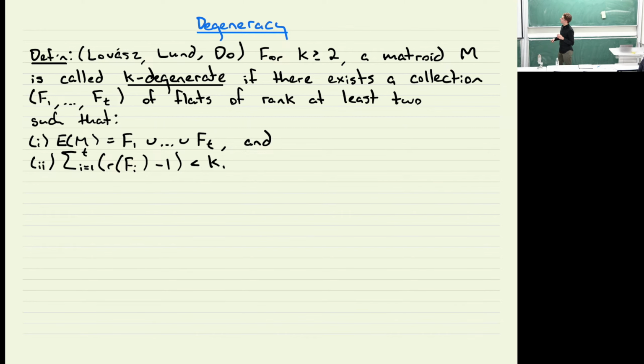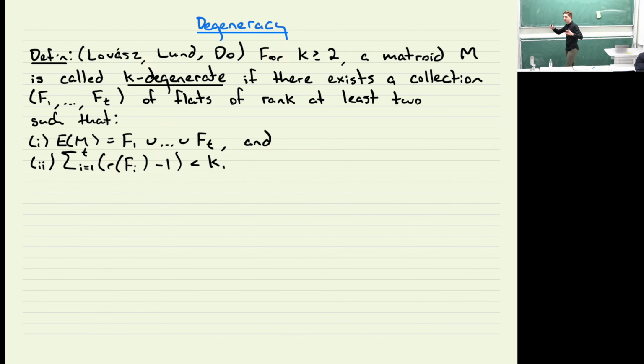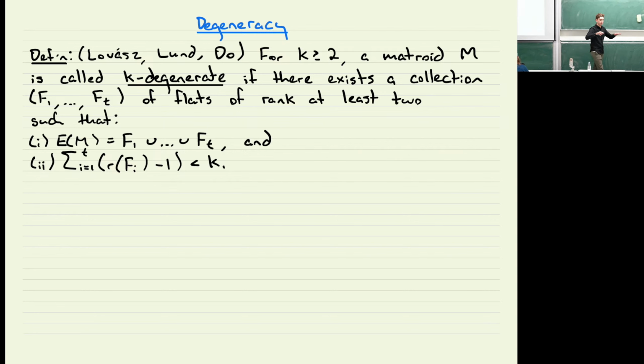Now, this definition might look a bit complicated. It's certainly difficult to see what it's saying at first glance. But note that this does generalize the kinds of degeneracy we saw in lower rank. So a 2 degenerate set is a line. A 3 degenerate set is either a plane or the union of 2 lines. And like we saw when bounding average line length, we had to forbid the thing from being just a line, of course.